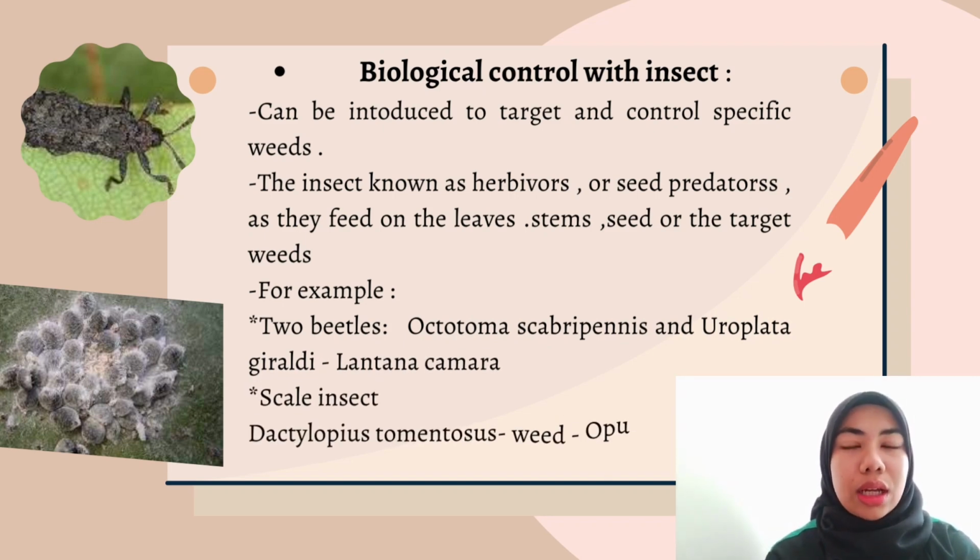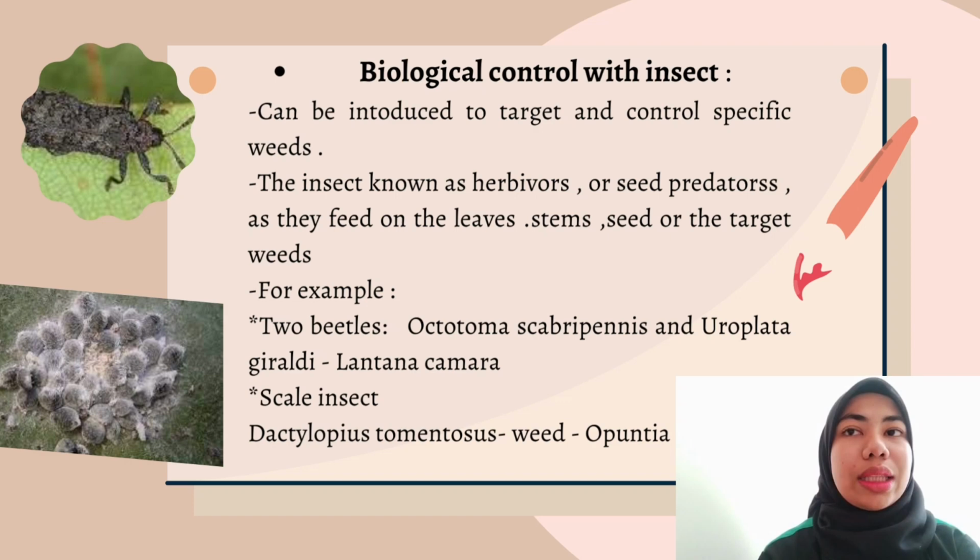For example, two beetles called Octotoma scabripennis and Octoplata gyrardi attack the weed called Lantana camara. The next insect is the scale insect, Dactylopius tomentosus, which in fact attacks the weed Opuntia.